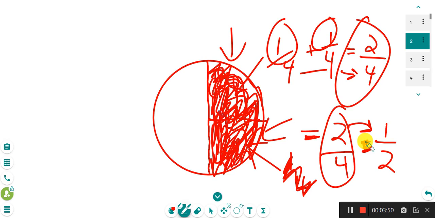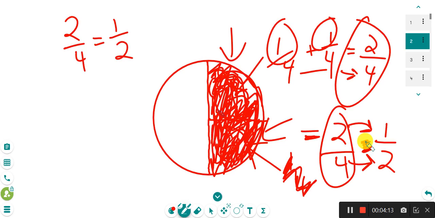How many times does 2 go into 4? 2 times. So 2/4 is the same as 1/2. I know that's going to be a little tricky. Just try to memorize that. We have 2/4 in our circle, but that is also the same as 1/2.